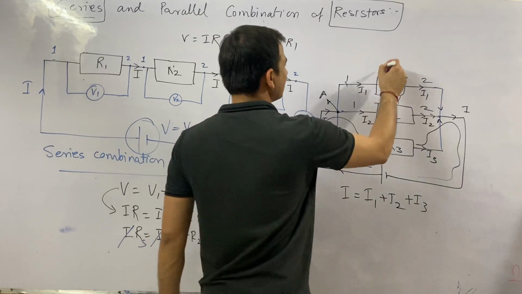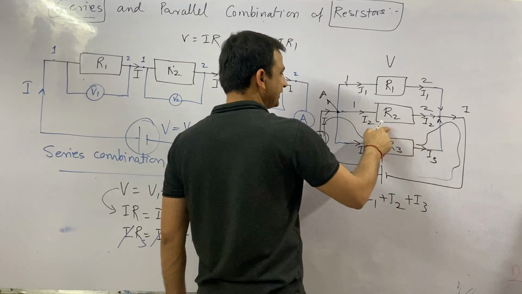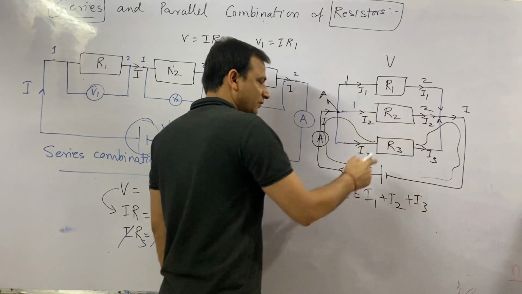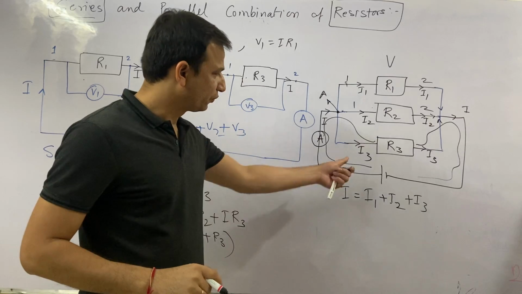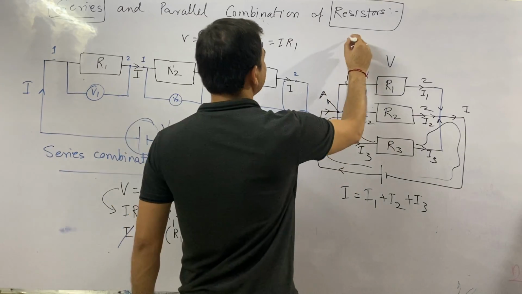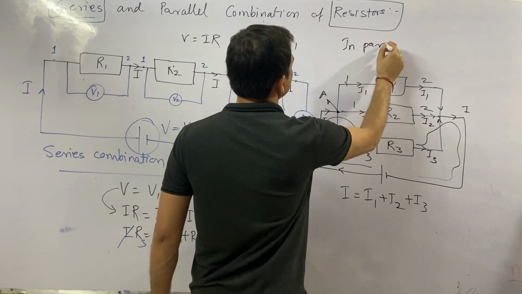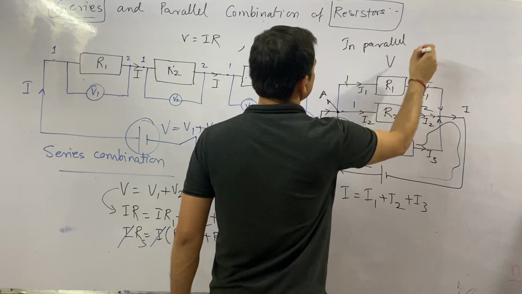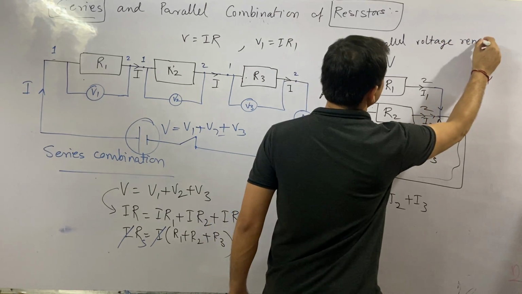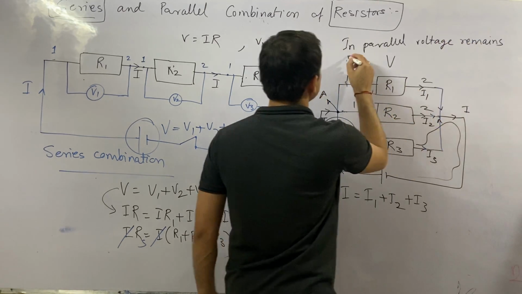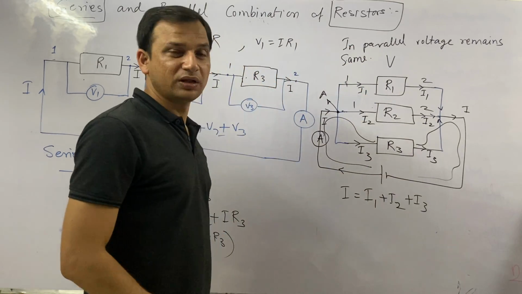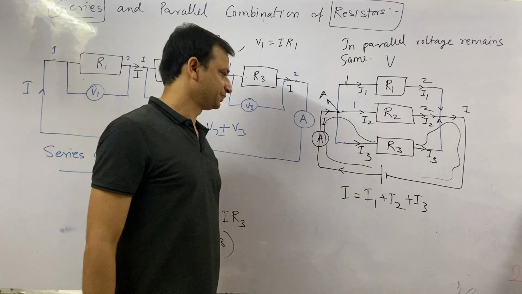So voltage across R1 would be V, voltage across R2 will be V, voltage across R3 will also be V. So in parallel, voltage remains the same across all the resistors in parallel.